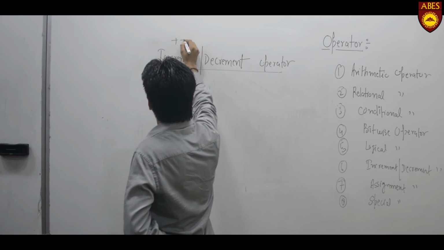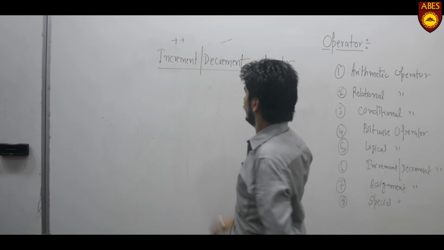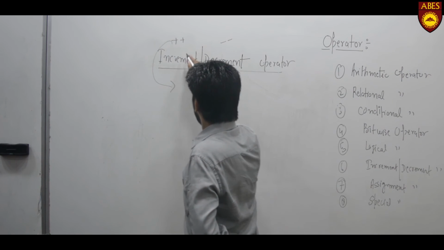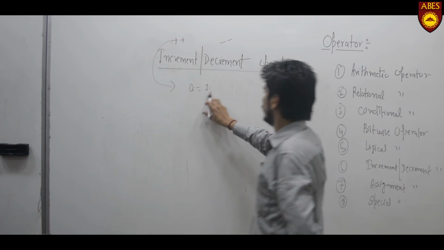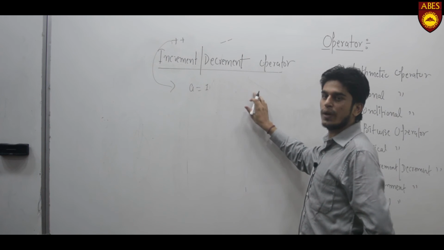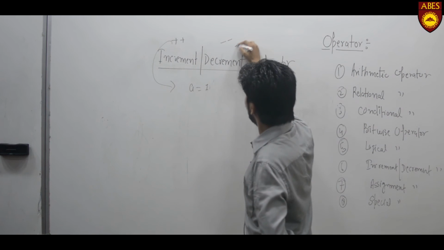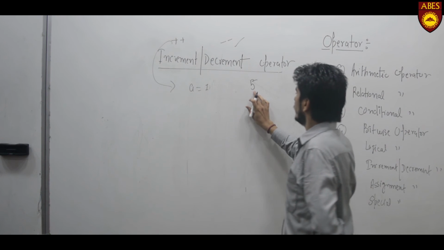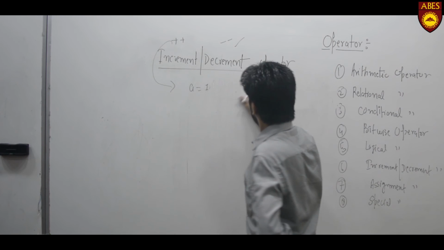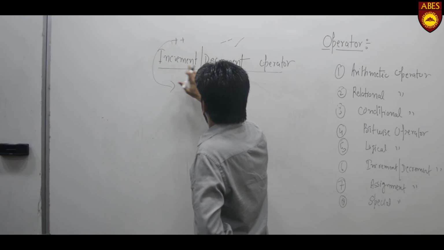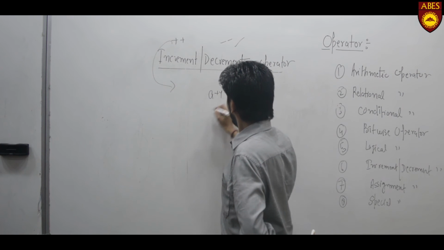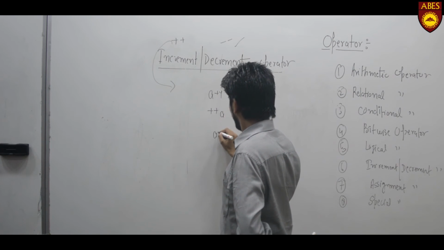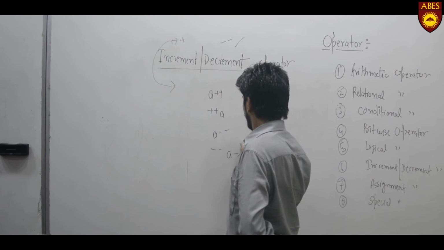It is denoted by plus plus and minus minus. That means if the value of a is 1, then plus plus makes it 2, 3, 4, 5, 6, incrementing 1 by 1. In the case of decrement, 5, 4, 3, 2, 1. This operator is applicable only to a single operand, like a plus plus or a minus minus.